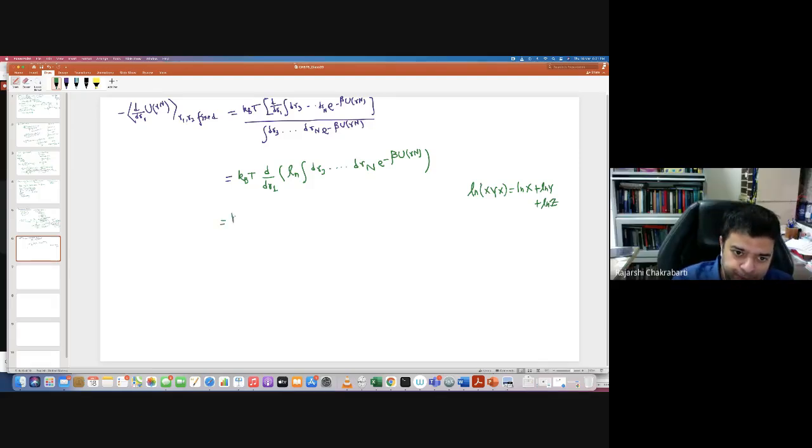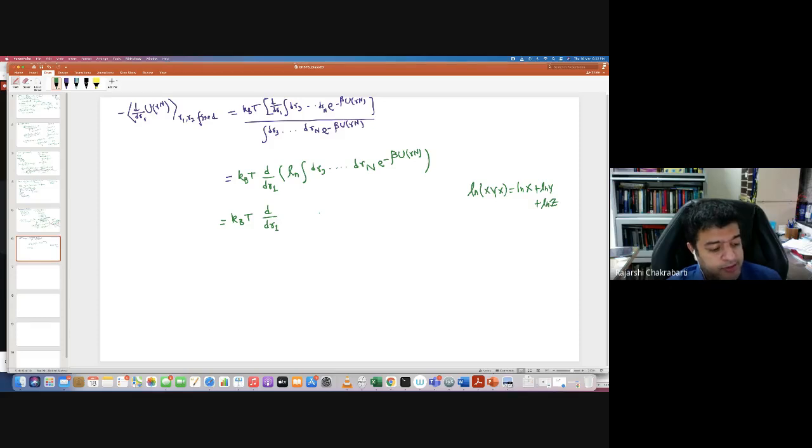So I'm going to do kBT d/dr1 of, see, this is taking the derivative with respect to r1. So this is a log of something. Here this step is a little tricky.